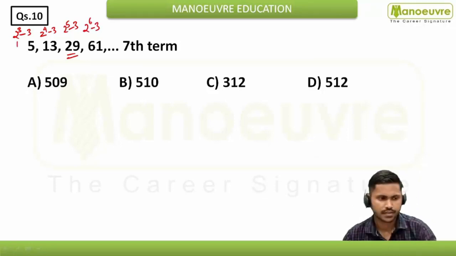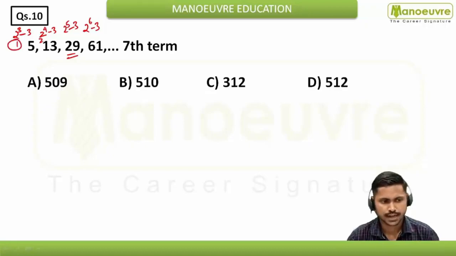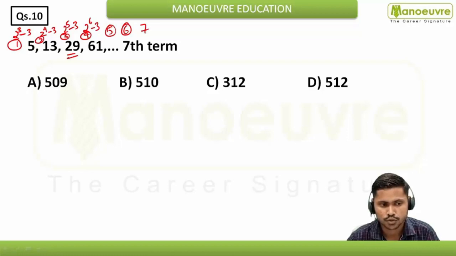Now this is the first term, this is the second term, this is the third term, this is the fourth term. We need to find the seventh term. So fourth, fifth, sixth and seventh. The power here is 6, here it will be 7, here 8, here 9. So we have to find 2 to the power 9 minus 3.